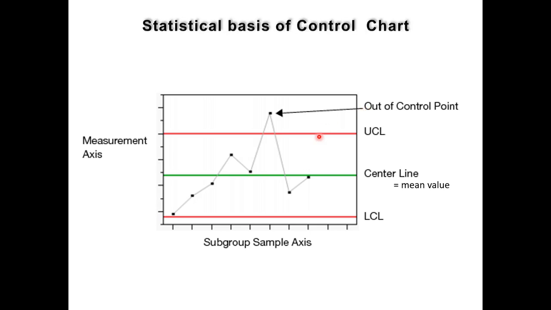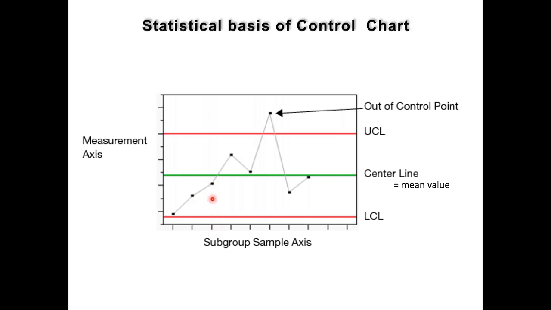So again, this is exactly the same as what we have looked at just now. Each of these points is actually the reading of a sample. We have a sample comprised of several observations.